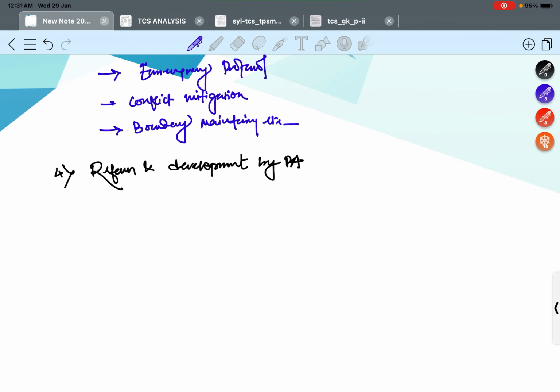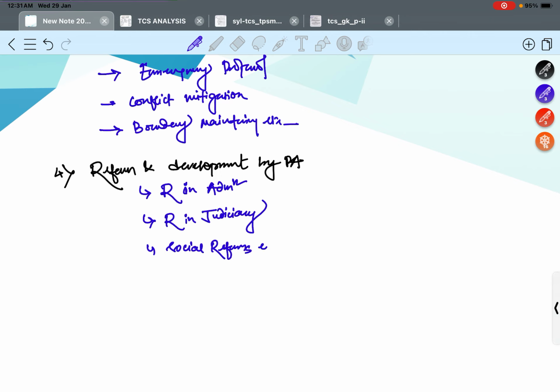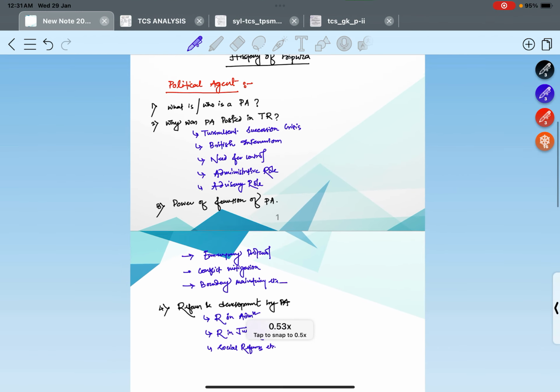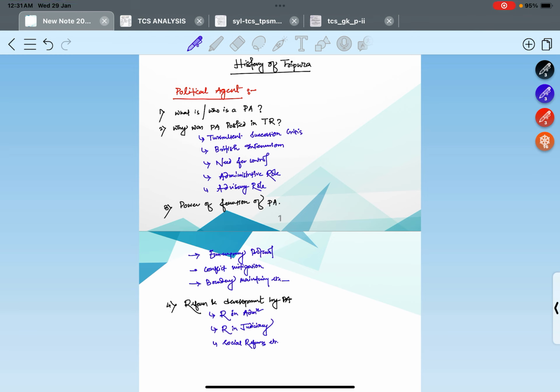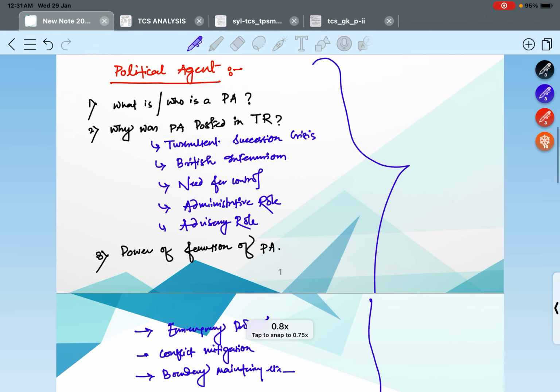There are many: reform in administration, reform in judiciary, and many social reforms, etc. So in the political agent part, if you cover this much portion, then your topic for political agent will be done.